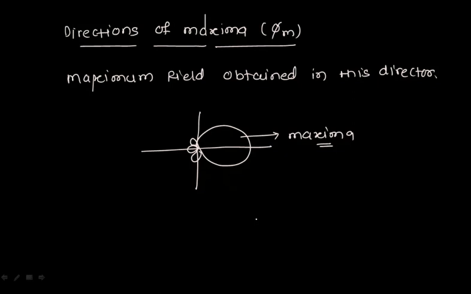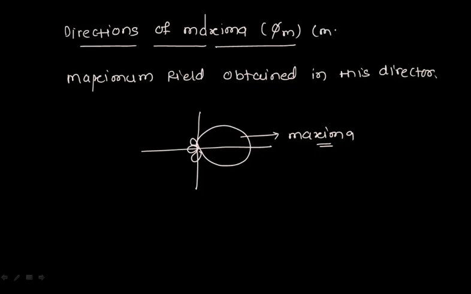So the direction of maxima may be for the major lobe, maybe for the minor lobe, and maybe for the side lobes also. But here right now we are going to talk about the direction of the major lobe maxima.